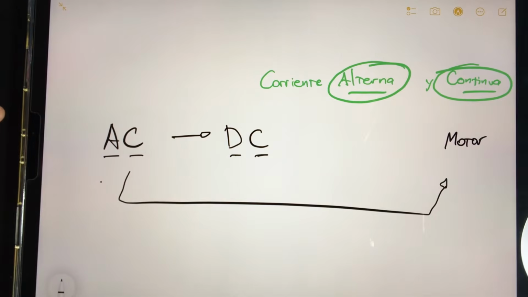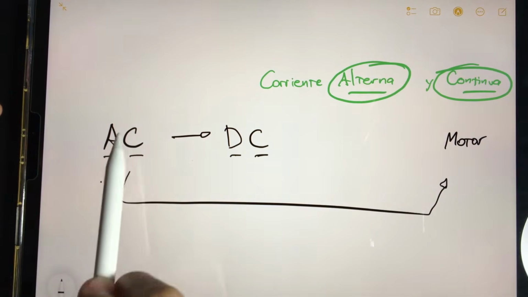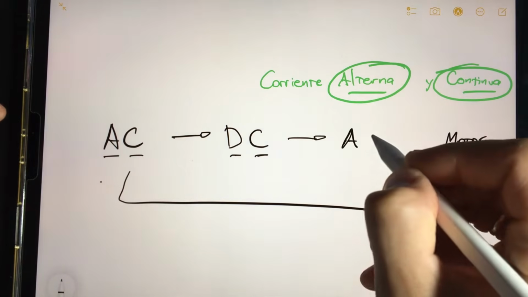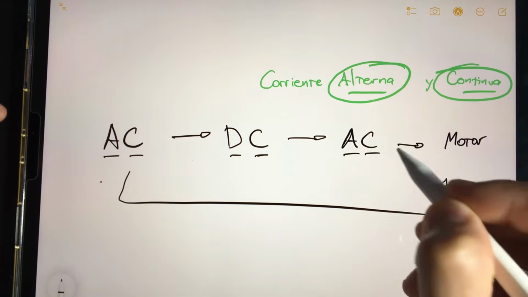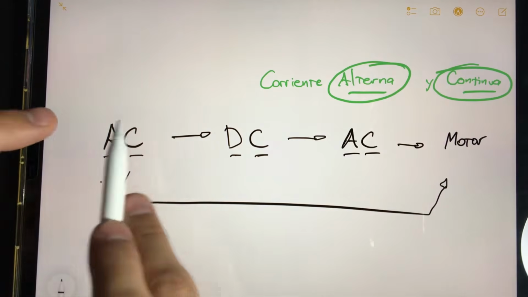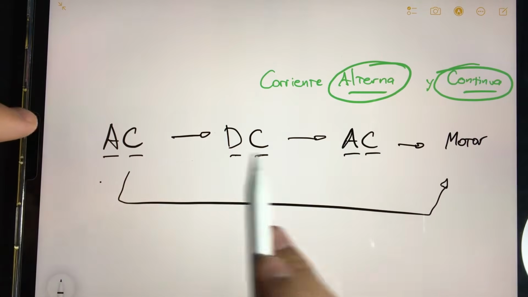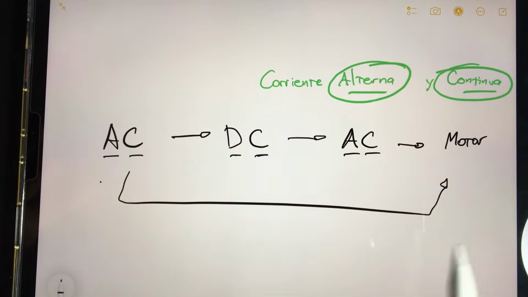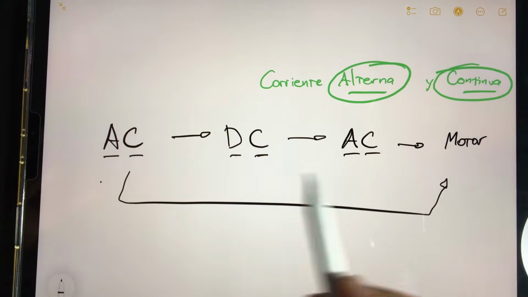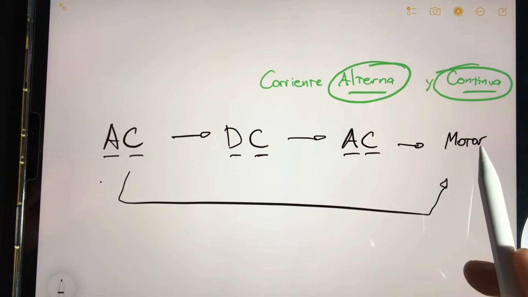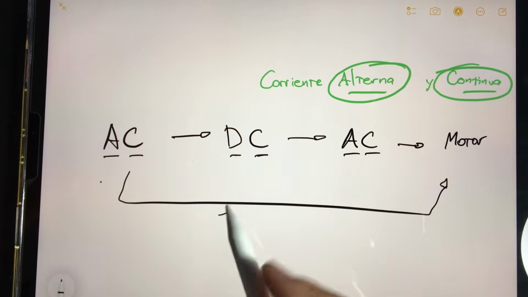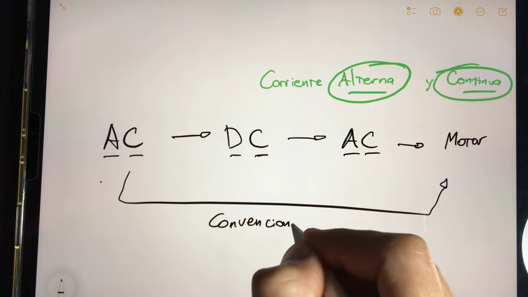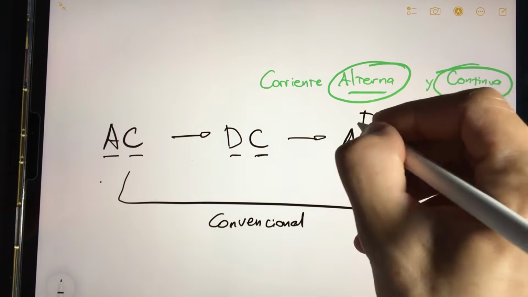Instead of directly injecting alternating current as we did in the conventional system, what it will do is convert it into direct current and then convert it back to alternating current. That is, something is converted and that conversion is inverted again, hence its name inverter system. The motor will work with alternating current in both systems, in the conventional and in the inverter.